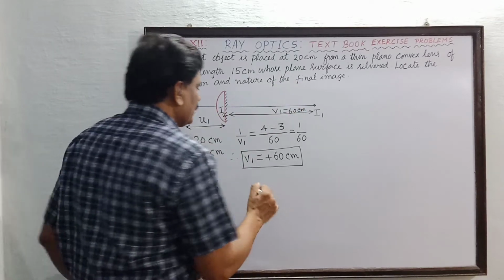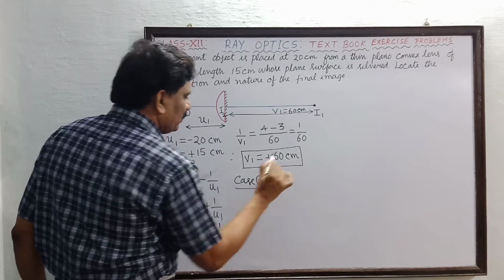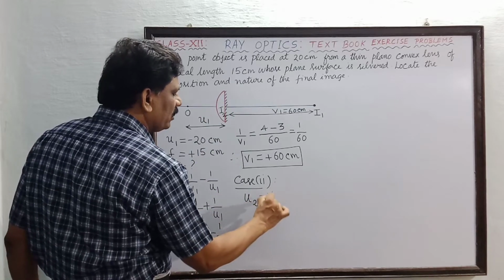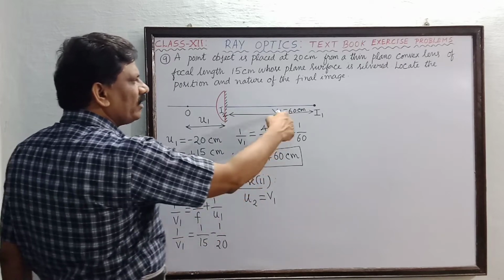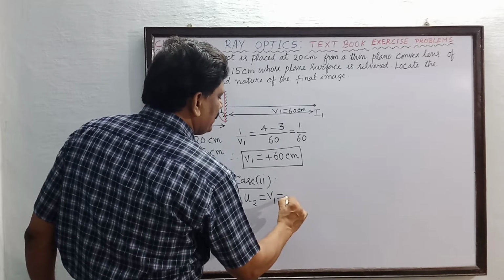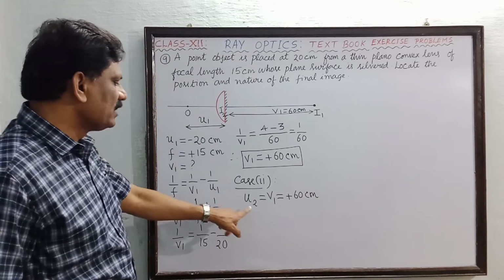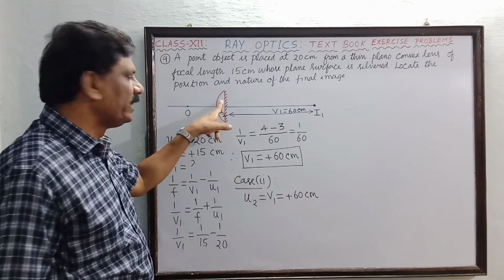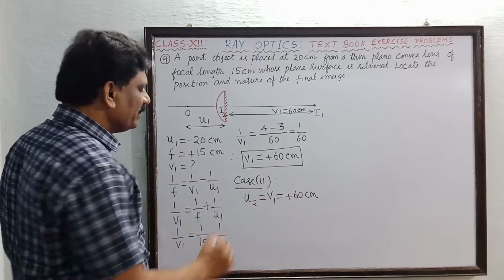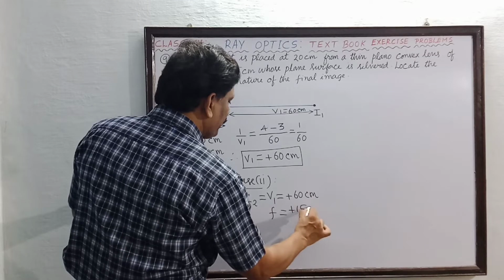So in the second case, the object distance for this lens, U2, is equal to the image distance V1 of the first image, that is equal to plus 60 centimeter. This is the object distance for the second time refraction through the lens, and the focal length of the lens is already given, that is plus 15 centimeter.